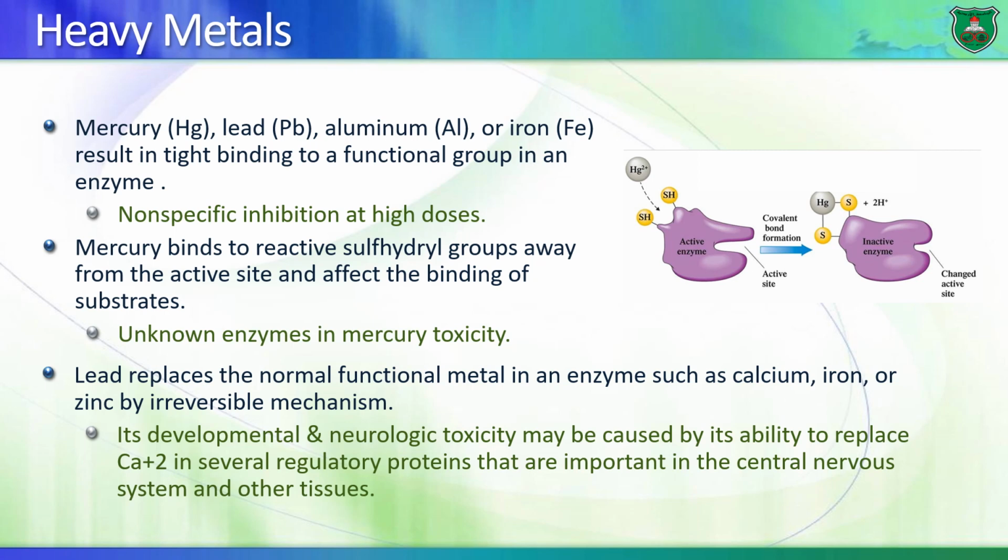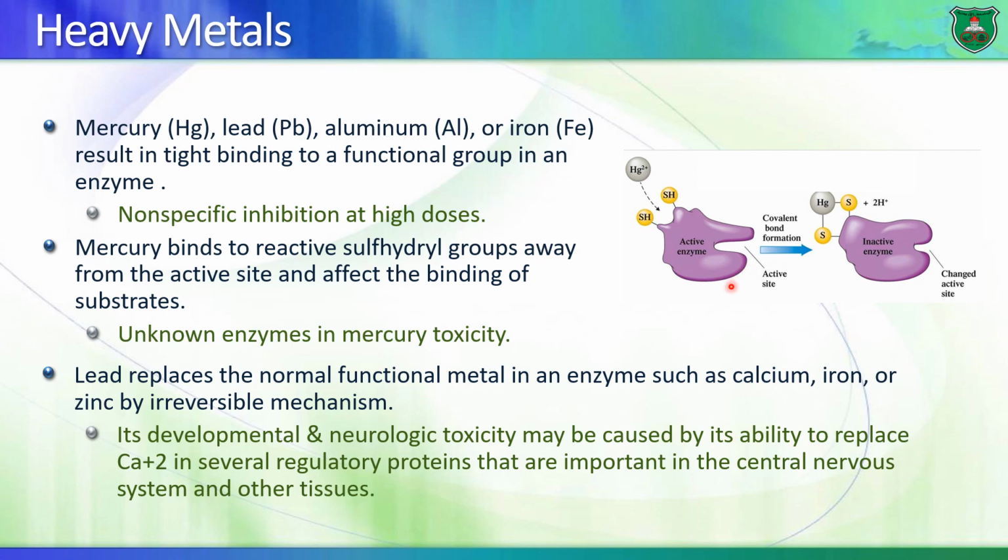Heavy metals are also inhibitory to many important enzymes in the body. Mercury, lead, aluminum, iron. They can also bind tightly to functional groups or active sites of enzymes. Some of them can bind non-specifically, especially at high doses. An example is mercury. Actually, if there is a mercury spill in laboratories, they can close the whole building, by the way, because it's very, very toxic.